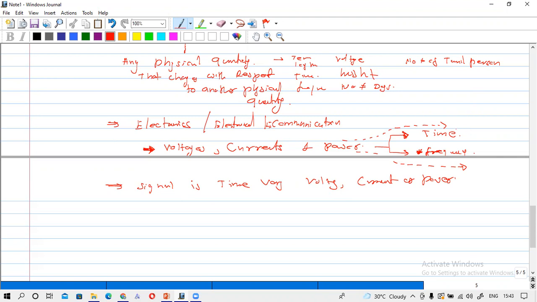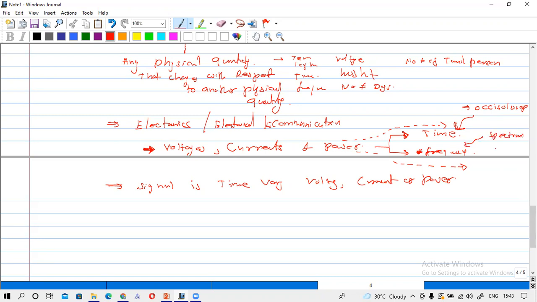You can see a time varying signal using an oscilloscope. There are many oscilloscopes in your lab, and in future you can use these. And if you find the power, voltage, or current changing with respect to frequency, there is another instrument that we call a spectrum analyzer.